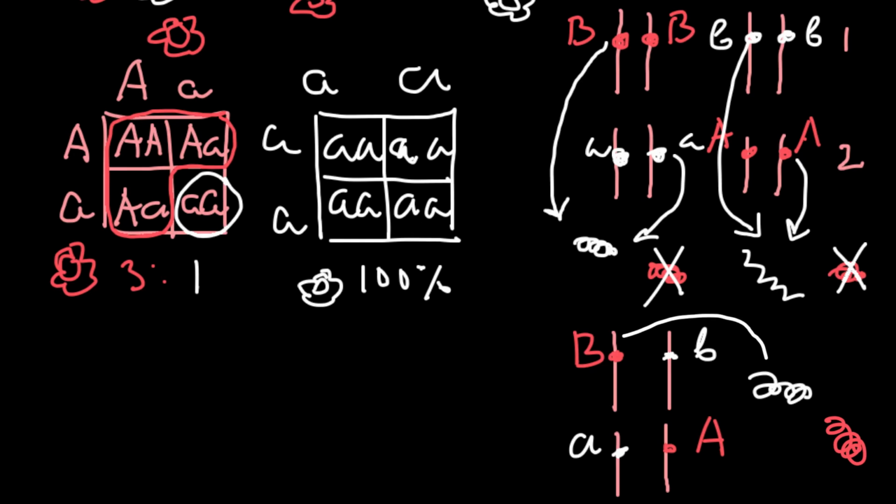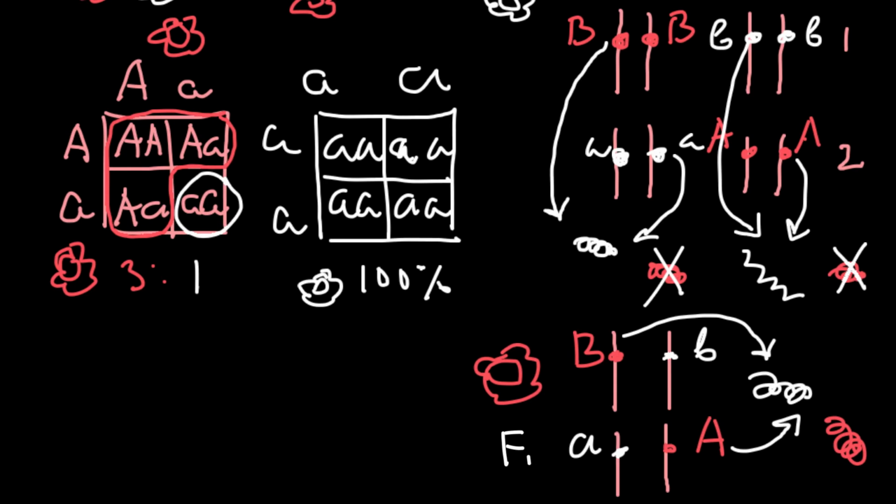So as you see, 100% of the progeny would be heterozygous, and 100% of the progeny of these two strains would be plants with red flowers. So two parents that were with white flowers would produce 100% of the progeny with red flowers. And this is going to be what we would see in F1 generation.